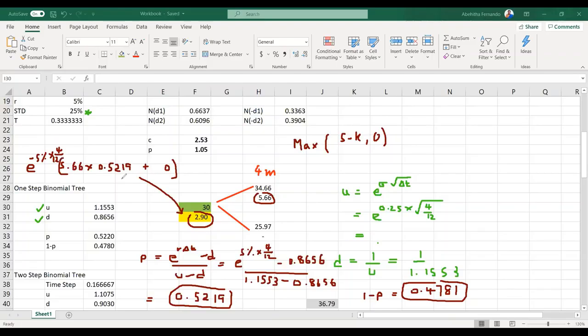So over here you will get 2.91. If I round it up, I will have 2.91, but if you do the exact values, the exact answer should be 2.9. So that would be the value of the call if you use a one-step binomial tree.